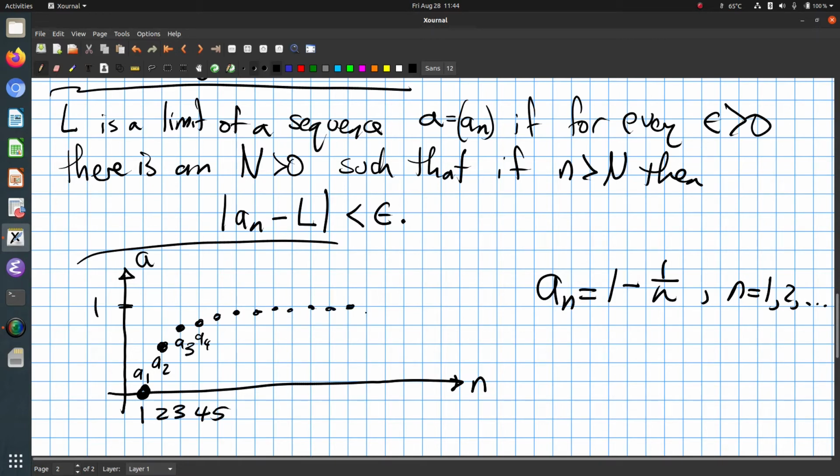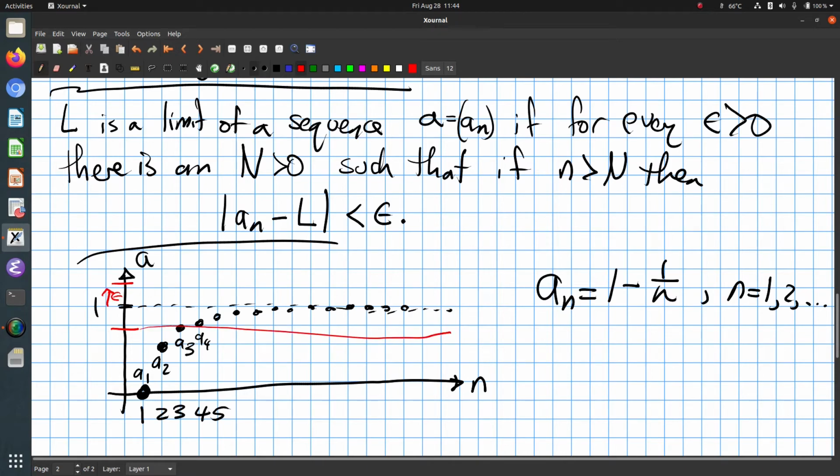I hope you can see that this kind of seems like 1 is an asymptote. Which is to say, now let's use that definition. So pick an epsilon. Let's pick an epsilon that's like here. This distance is epsilon.